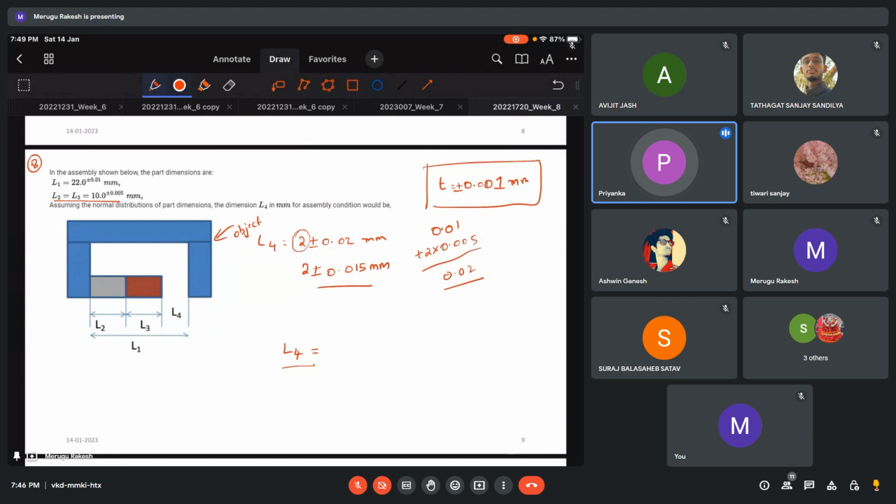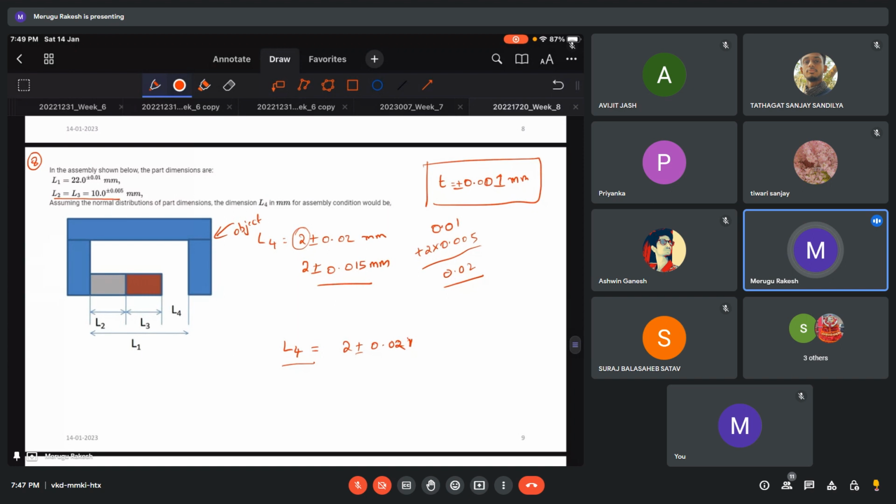The final answer will be 2 plus or minus 0.021. Sorry, sir, it will be 0.022, because there will be coating on both sides. Just wait, I think.